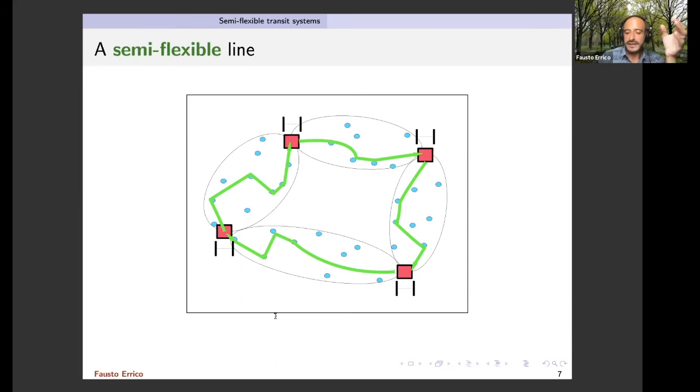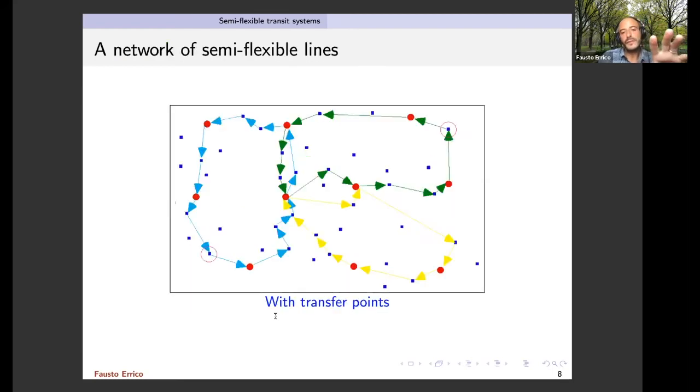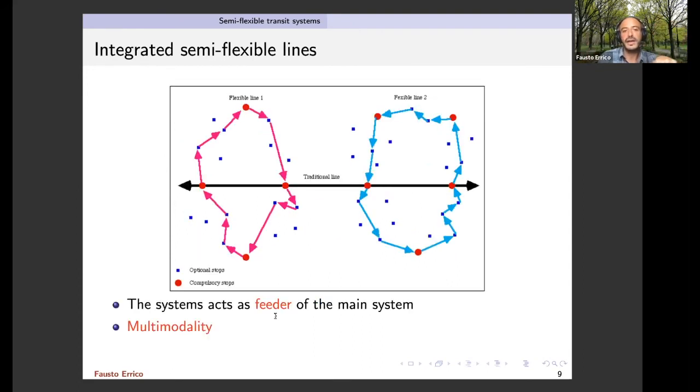Now, this system is interesting for the structure, but I also think it's interesting because, and it's what makes the major difference with respect to more flexible systems like dial-a-ride systems, it allows easily to have, for example, a network of semi-flexible lines, but also to integrate with a traditional transit system, because one of the compulsory stops can very well be a part of the traditional transit system.